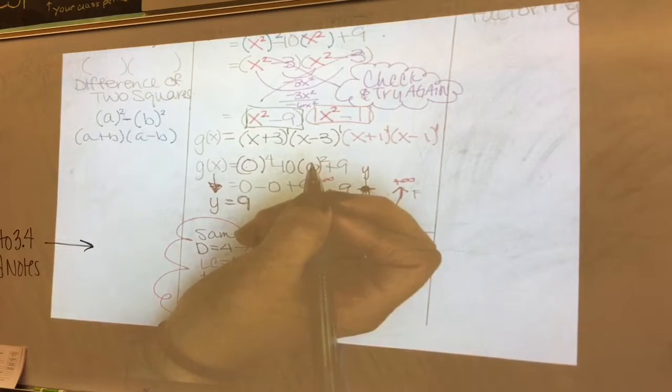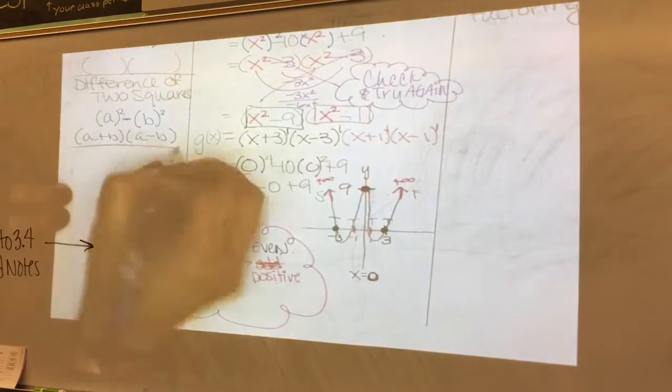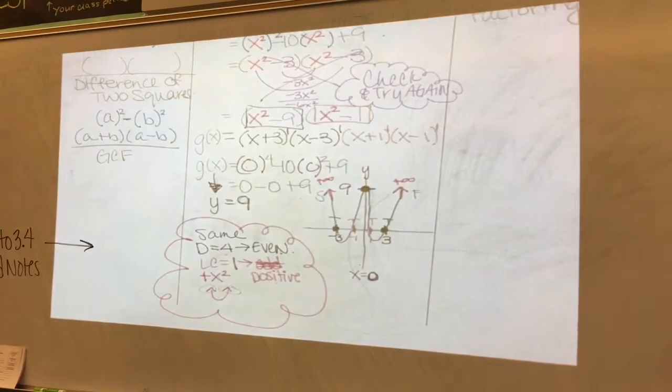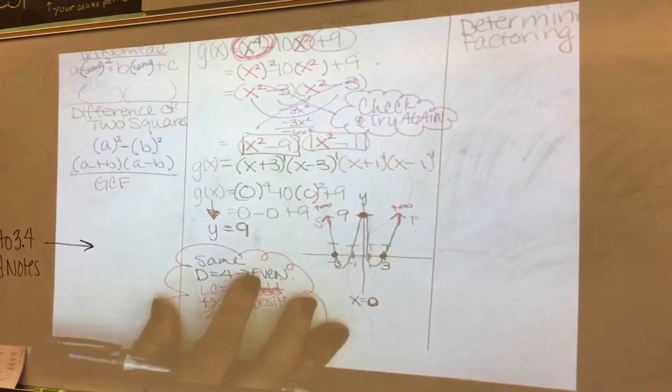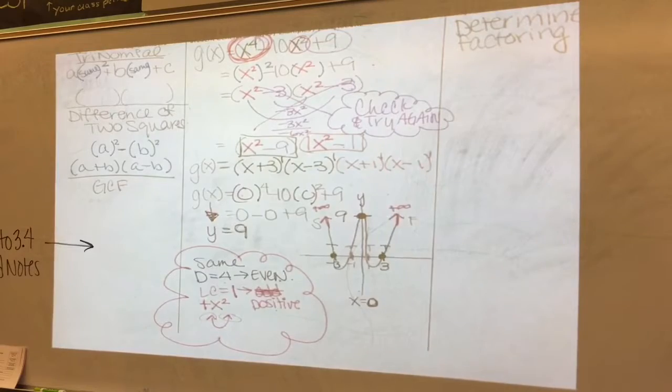Okay, and then there was also GCF factoring. That's always the one I forget about, so I want to make sure I just write it down. I think I remember how to do it, but it's always the one I forget about. So I'm just going to give myself a little reminder by writing that word there.